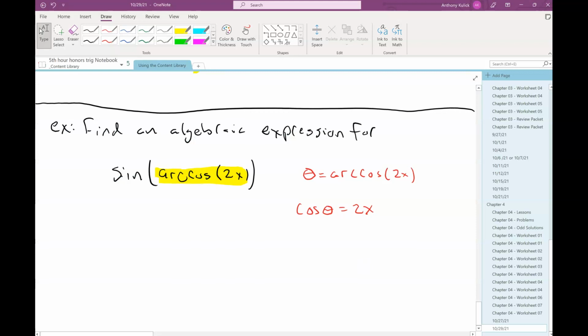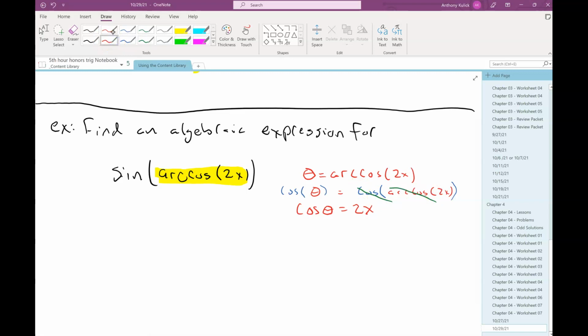I did cosine to both sides of the equation, and that part just cancels.